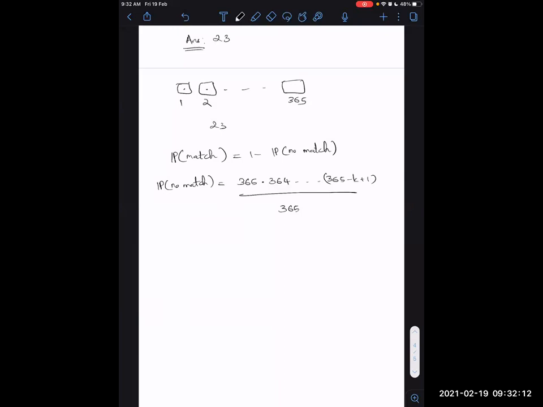Can someone tell? Yeah, sort of, but the order is not important here. It's not k factorial. Each person has 365 possibilities. So how many people are there? K people. Okay.